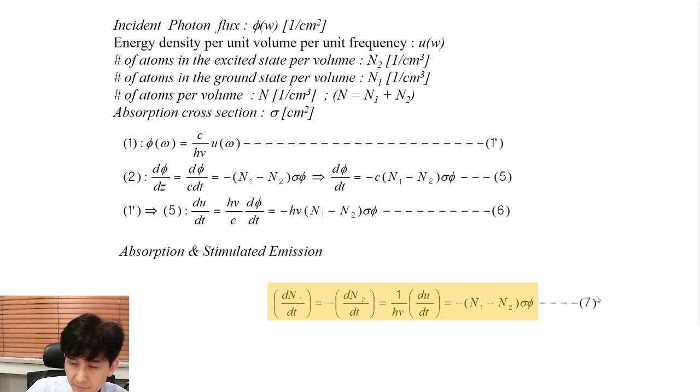So equations 5 and 7 are two rate equations which describe the photon flux and the number of excited state or ground state atoms of the medium. Those two are coupled, and they are the two important equations to describe the interaction of photons and atoms.